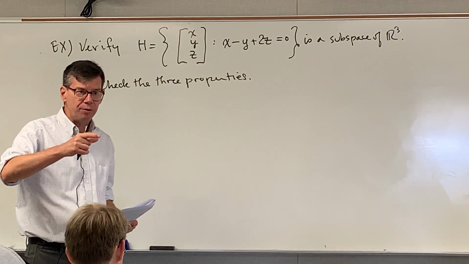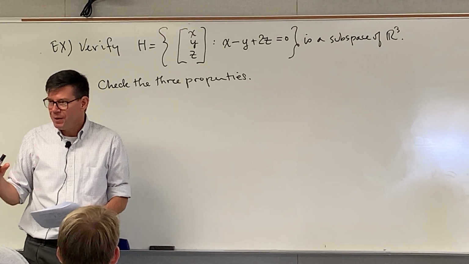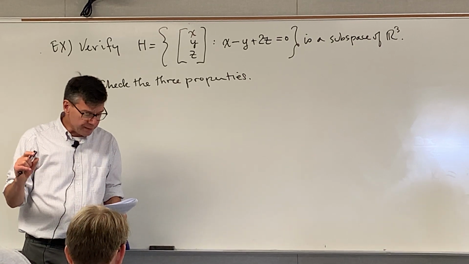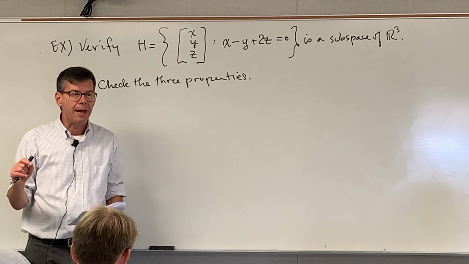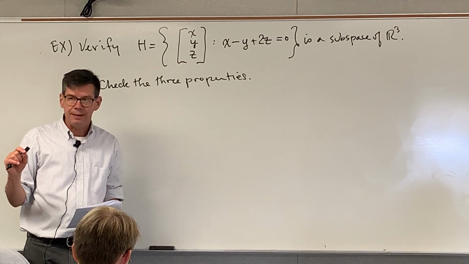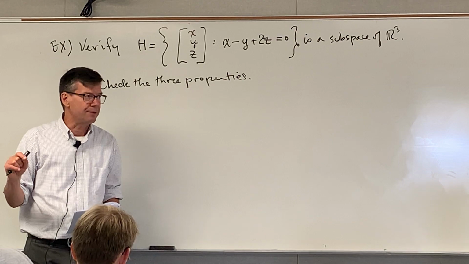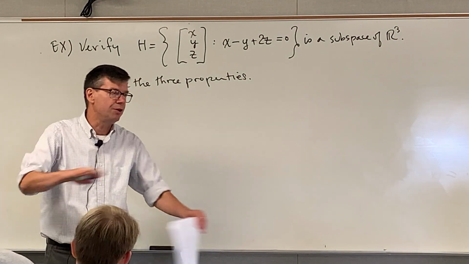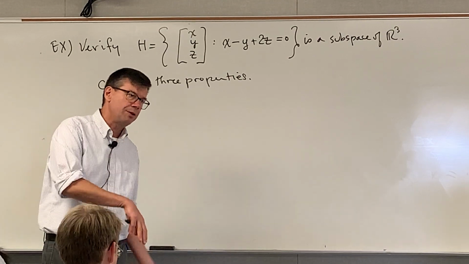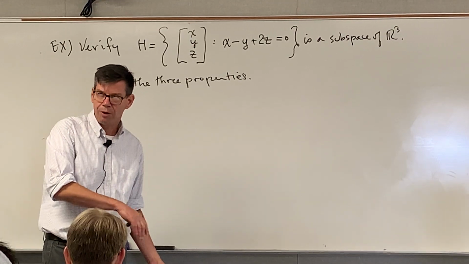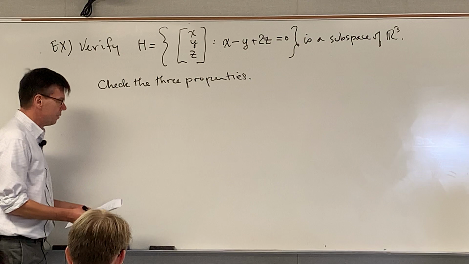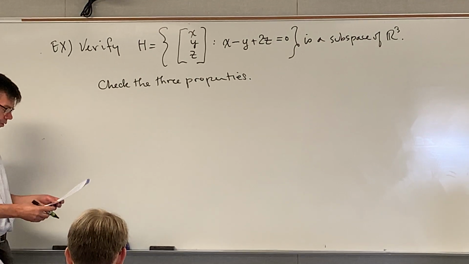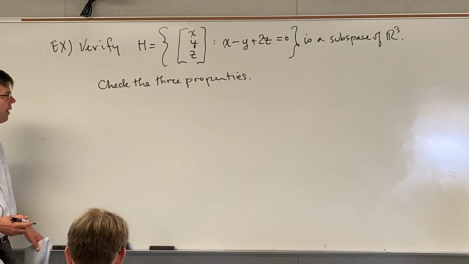So in a formal treatment of this, people just verify property B and C. The reason we include property A is it's often easy to see that property A is not satisfied. And so as soon as you find out that property A is not satisfied, you know you don't have a subspace. You don't waste your time doing a lot of work when it's obvious you don't have a subspace. But we don't have to know that fact. We're just going to always verify all three properties.